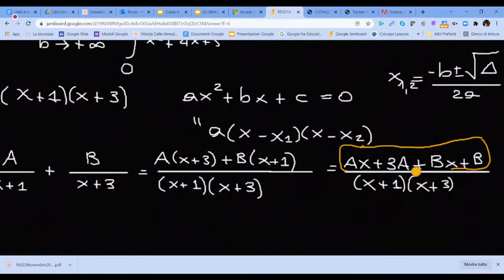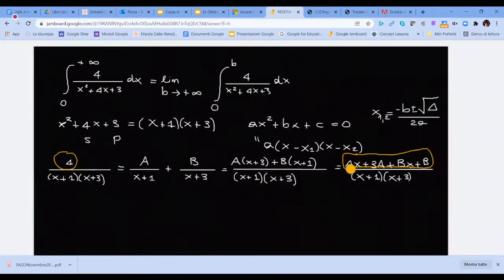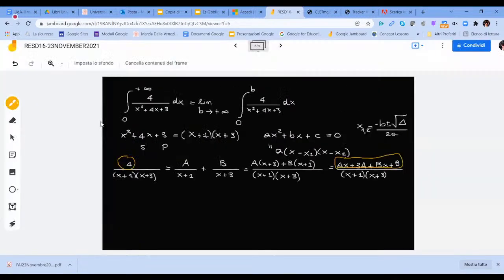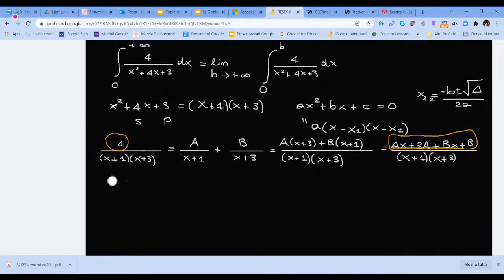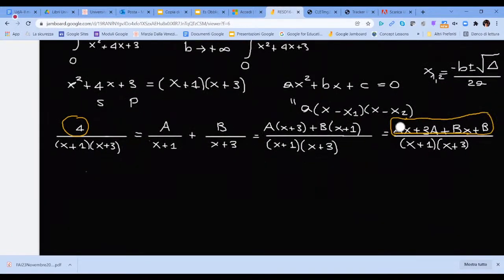Thanks to the fundamental theorem for polynomials, that means that everything that multiplies x should be 0, because you can see this polynomial as something that has x to the power 0 times 4 plus x to the power 1 times coefficient 0 plus and so on.